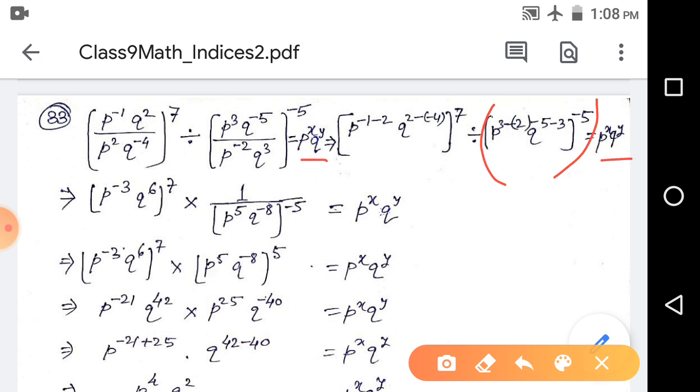This part has the negative exponent minus 5. To make the exponent positive, we take the reciprocal again, so it is p to the power 5 q to the power 8, whole to the power plus 5, and the RHS remains the same.